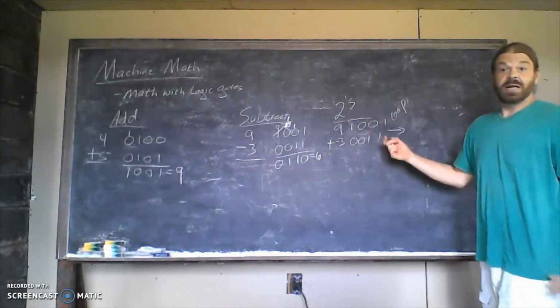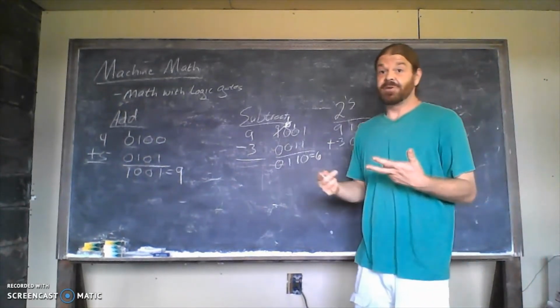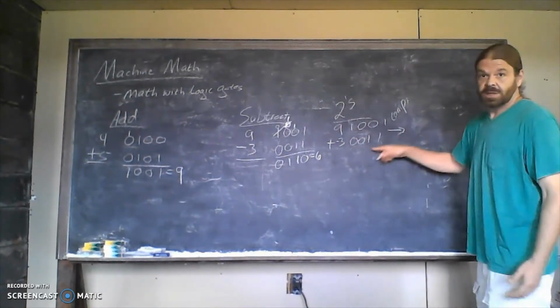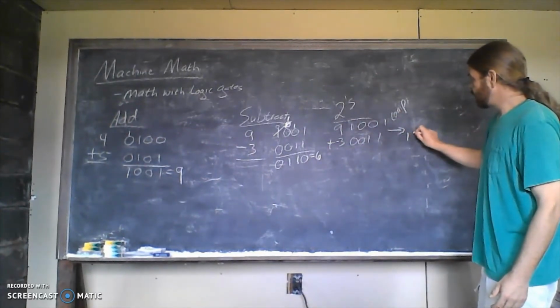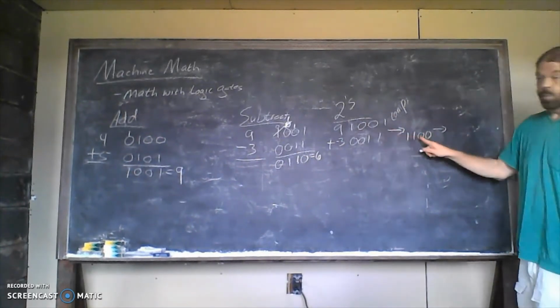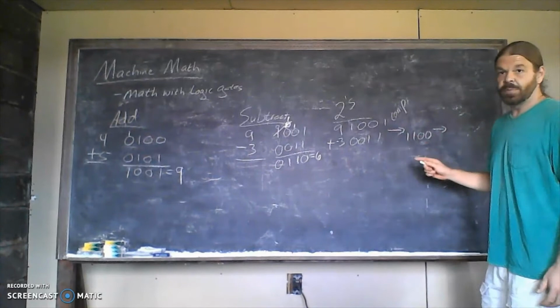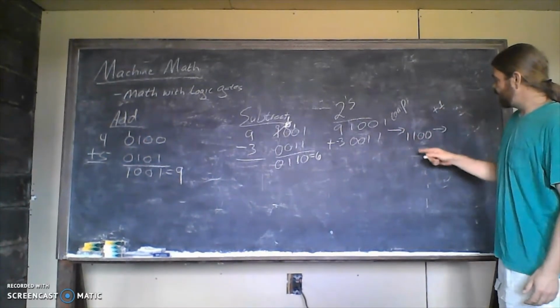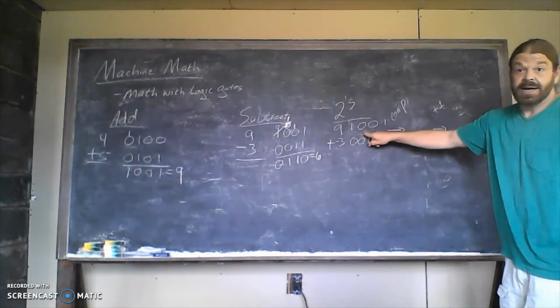Complement in binary is easy because we only have 2 symbols, so the complement is the other one. So the zeros become 1s and 1s become 0s: 1, 1, 0, 0. And that gives us the 1's complement. So to get to 2's complement, we'll add 1.